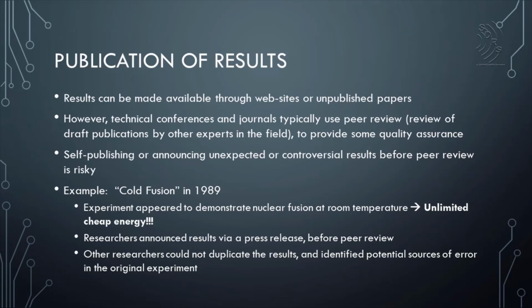If you're considering those as part of your literature review, keep in mind that they haven't been reviewed by other researchers, so there's less quality assurance than you might find with a technical conference paper or journal article, because conferences and journals typically use peer review in which other experts, other than the authors, review the work, and while they may not reproduce the research, they'll at least check the papers for internal consistency and identify any obvious flaws.